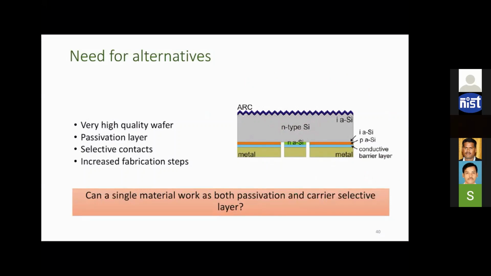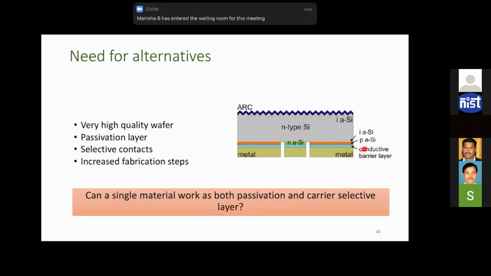So again, there is a scope for alternatives, because our goal should be to get high efficiency but at a much lower cost. This particular back contact technology suffers in terms of high wafer cost and increased fabrication steps, because you are fabricating the intrinsic layer one time.